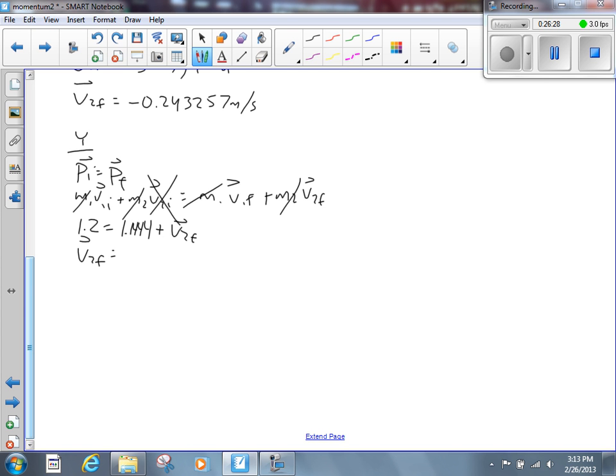Let's solve for V2F. I believe it works out to be 0.0555. 0.24 to the left, 0.0555 up.